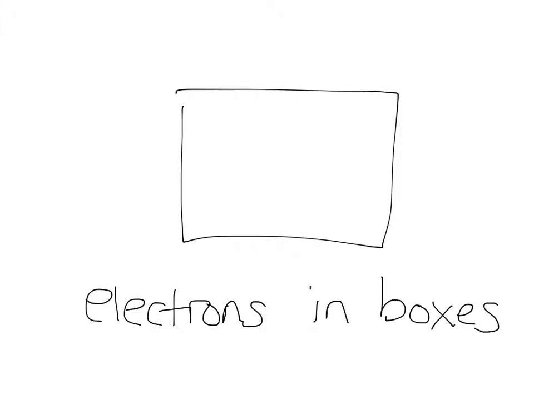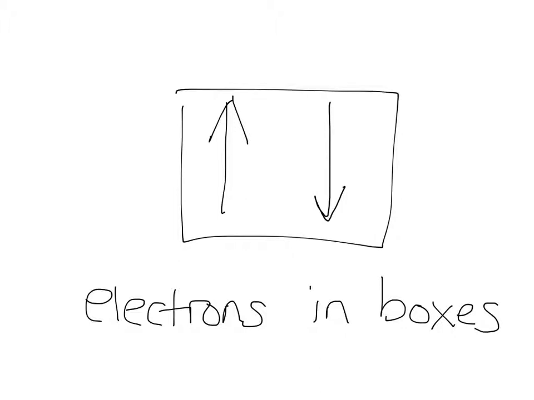Now we said before that each electron in an orbital has a different spin. So we then represent our boxes as such. The first electron in the orbital goes in like this, or the arrow the other way up, doesn't matter. The second one spinning in the opposite direction like that.